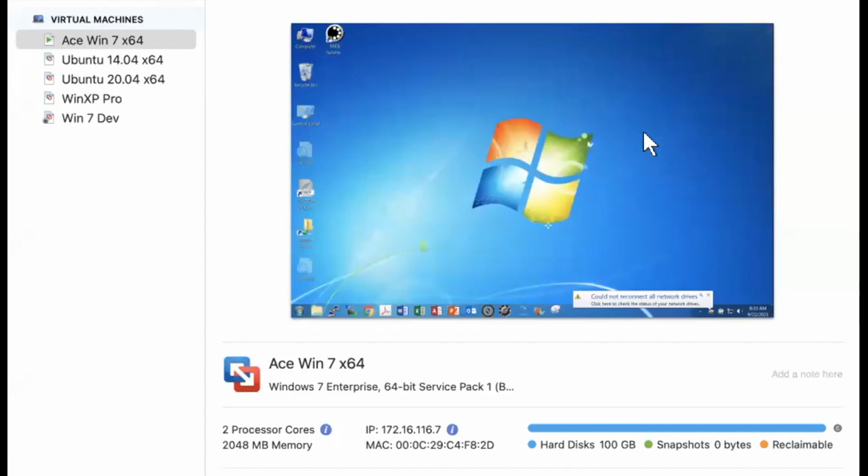Okay, here I am. By the way, just so you know, I'm on a MacBook and I'm running Windows within a virtual machine. So this kind of looks familiar to people. I am going to open up the file manager here.